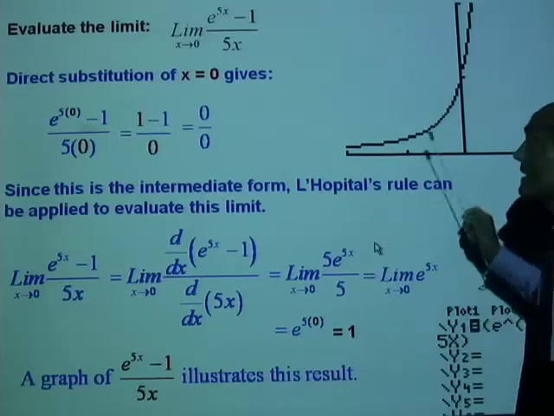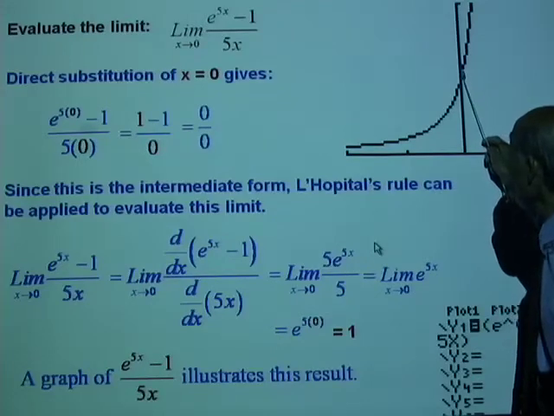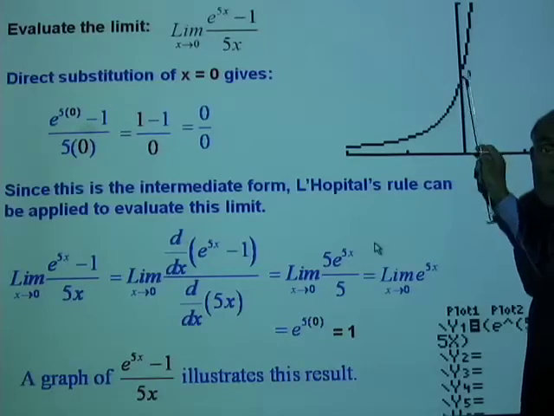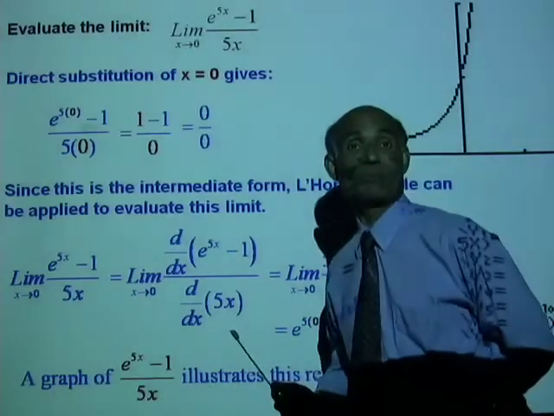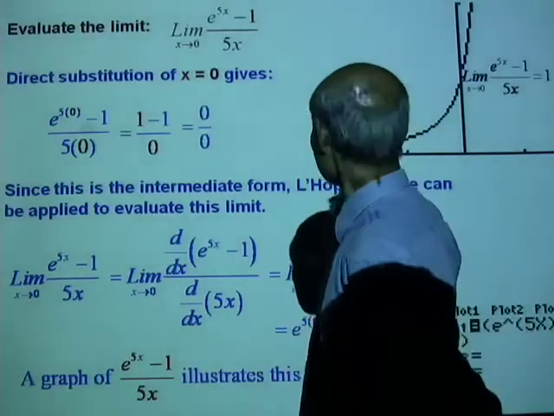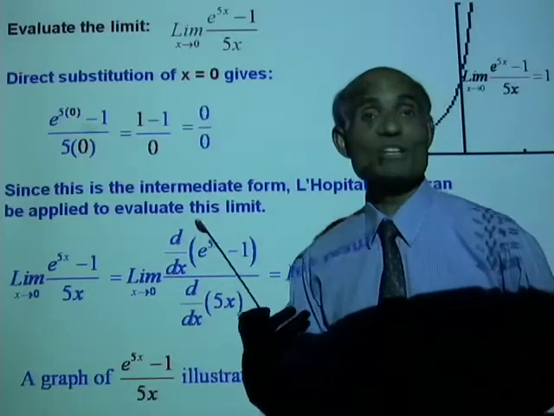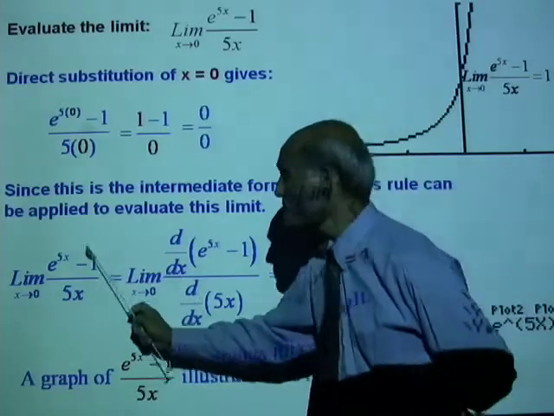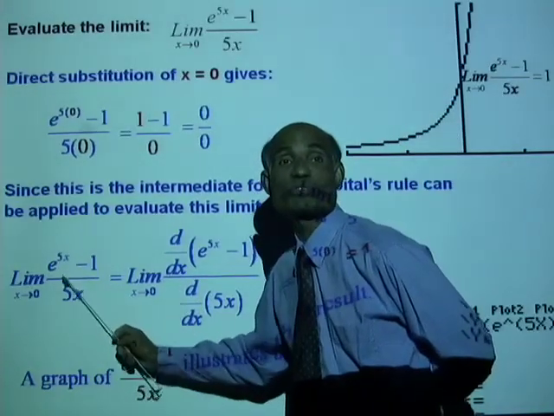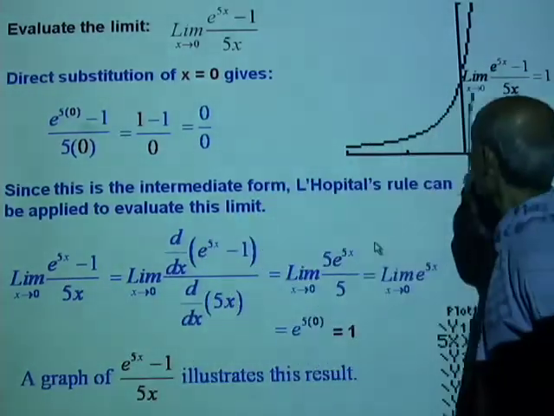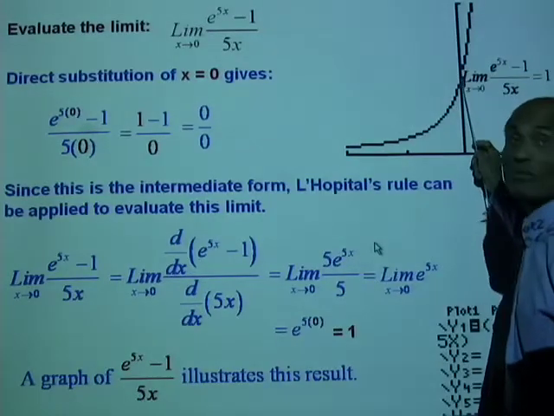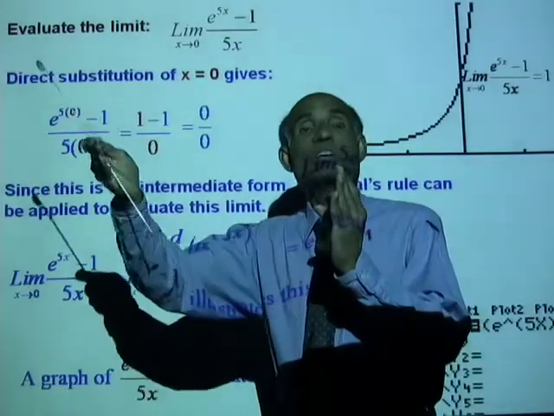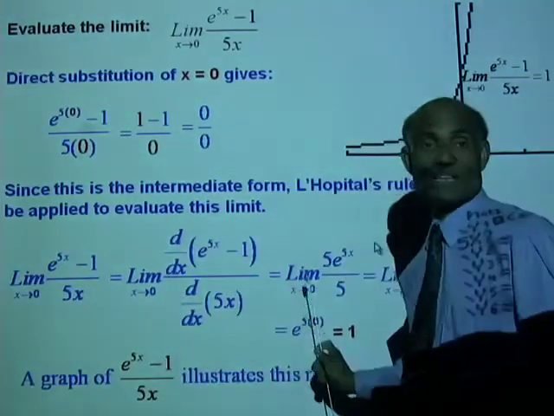If you watch carefully, there's a hole in the graph there, but the limit is 1. There's a hole because the function is not defined for x equal to 0. Is this function defined for x equal to 0? No. So there will be a hole in the graph at x equal to 0. But the limit from the left is equal to the limit from the right, equal to 1.